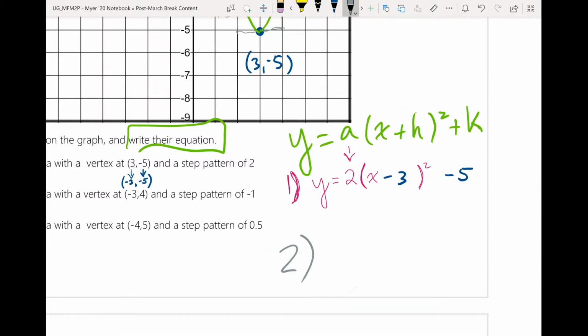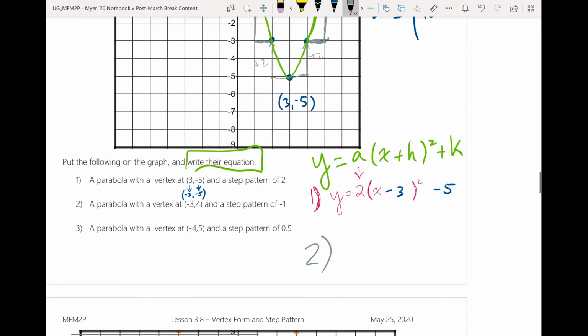Let's try the second one here. Let's just go straight to the equation. A parabola with vertex of negative 3 and 4 with a step pattern of negative 1. The key thing there, let's start off with that step pattern. So y equals, where that A spot is negative 1. We're going to put the negative 1 right out front. And then we just have to use the vertex, this coordinate here.